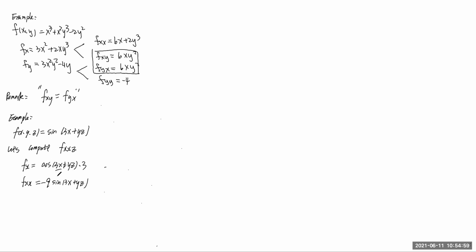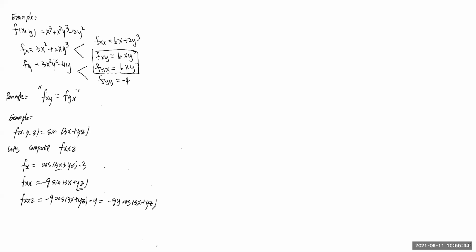You get another 3 out, and the negative is from the cosine. And then fxz: differentiate negative 9 sine of 3x plus yz with respect to z. 3x is a constant. We differentiate yz, we get y. So the answer is negative 9y cosine of 3x plus yz.